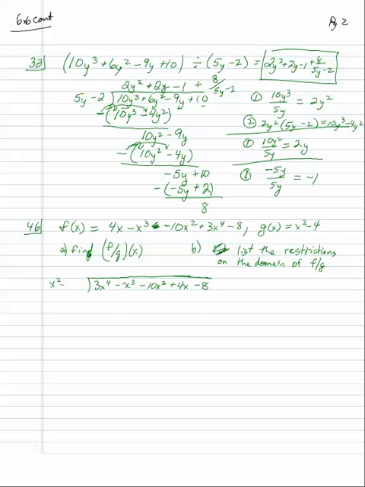Out here, you don't have to put the missing term if you don't want to, or you can, it doesn't matter. So I'm going to go ahead and put it, normally I don't. But on the inside, you want to make sure you put any missing terms. So again, we're going to do our first term divided by the first term. 3x to the 4th over x squared, which is 3x squared.